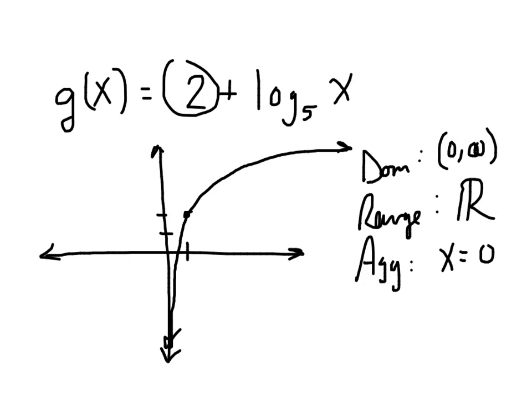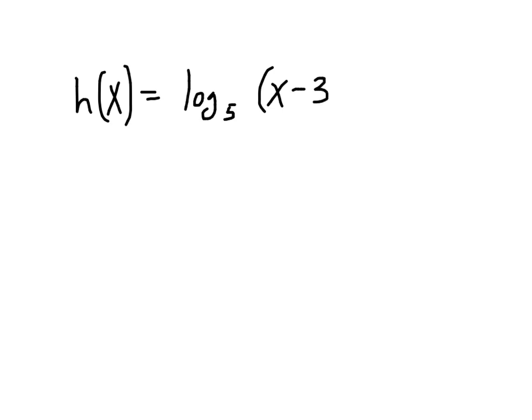Now the only time that actually changes is if we were to have something like x minus 3. When it's inside parentheses, remember you shift to the left or to the right.